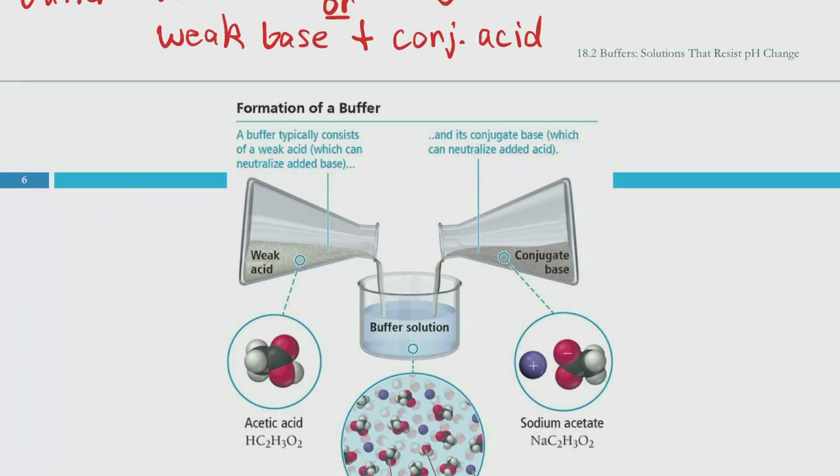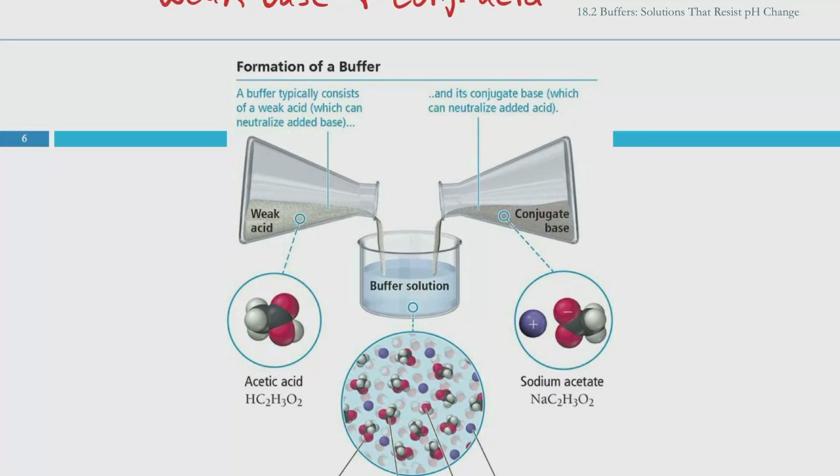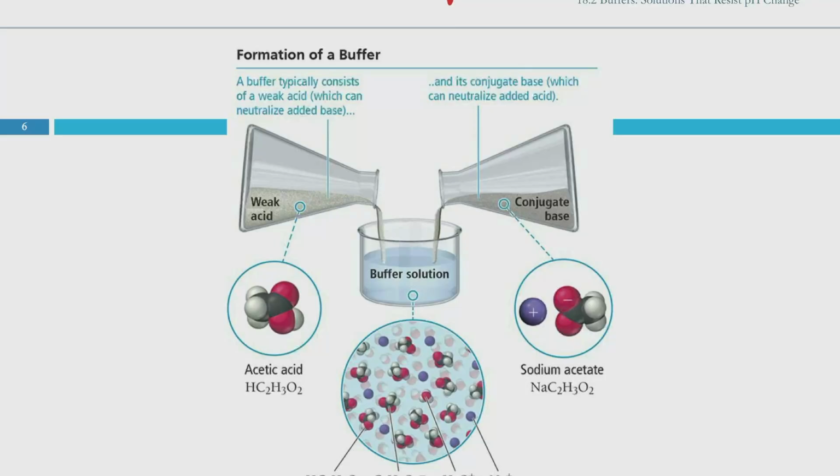So for making a buffer, we are going to have possibly a weak acid, something like acetic acid in vinegar. We're going to add some weak acid to our buffer solution. Just adding the weak acid isn't enough. The extent to which acetic acid or any other weak acid is going to ionize or form H plus in solution is not significant enough for us to form a buffer solution.